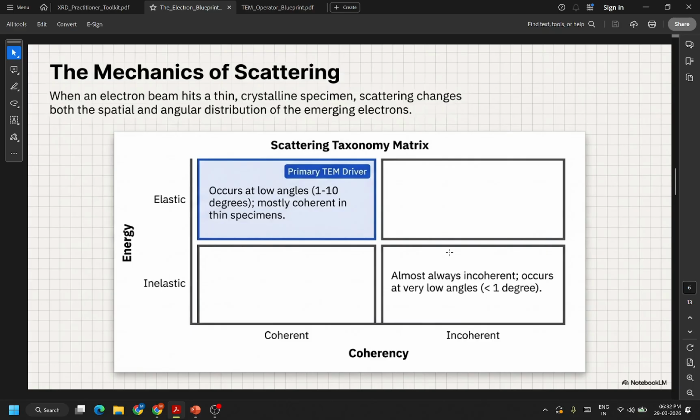So when an electron beam hits a thin crystalline sample, scattering changes both the spatial and angular distribution of the emerging electrons. Elastically scattered, coherent electrons occur at low angles, 1 to 10 degrees, whereas inelastically scattered, incoherent electrons occur at very low angles, less than 1 degree.